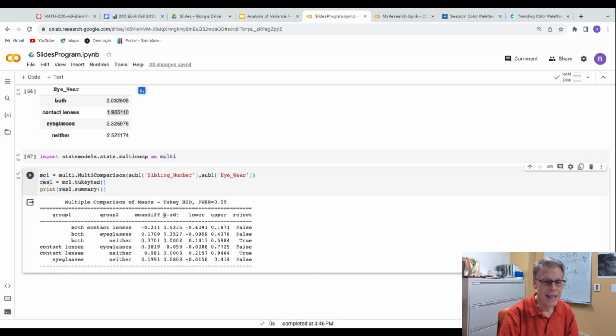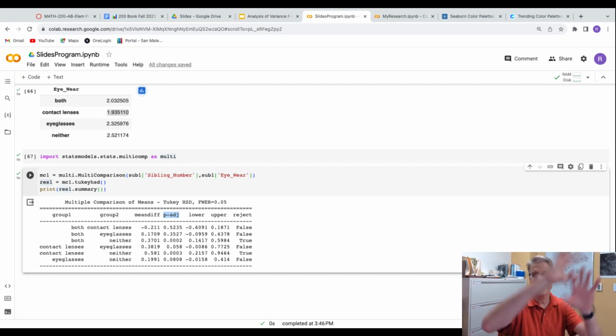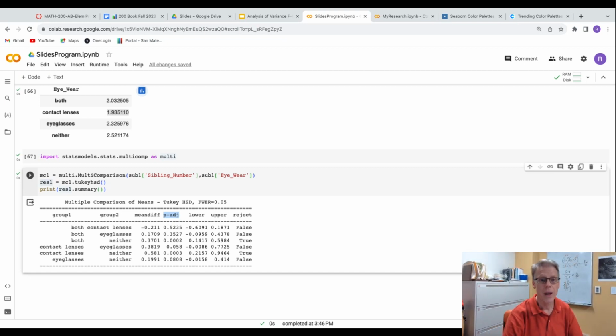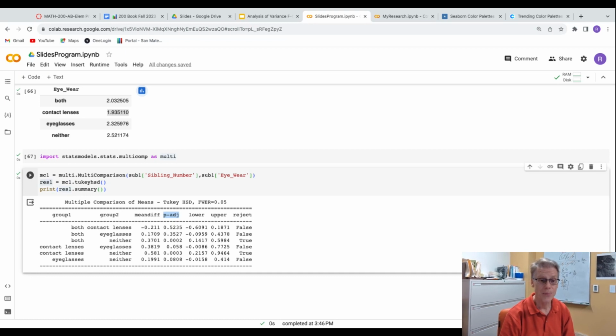Notice that it gives an adjusted p-value. It has to adjust it because the regular p-value kind of looked at everything all together. When we're just looking at two at a time, we actually need a smaller p-value.